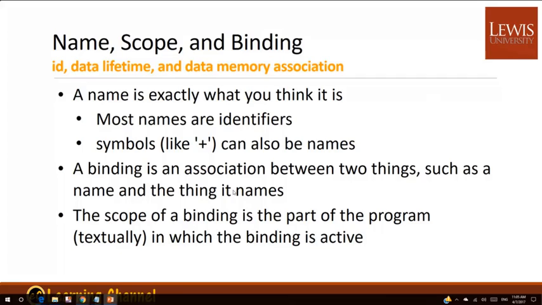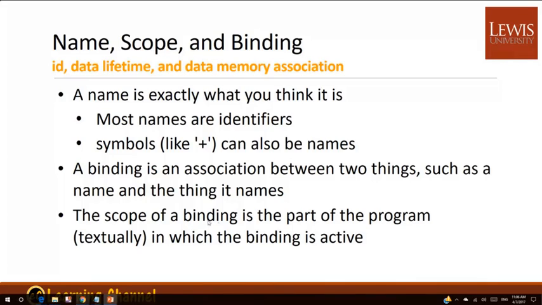And binding is an association between two things. One is the name, and the other is the thing it names. We can call this an object or entity. So between the name and the object, it can be a variable, a constant, a function, or sometimes we call it a closure for a reference to a function.